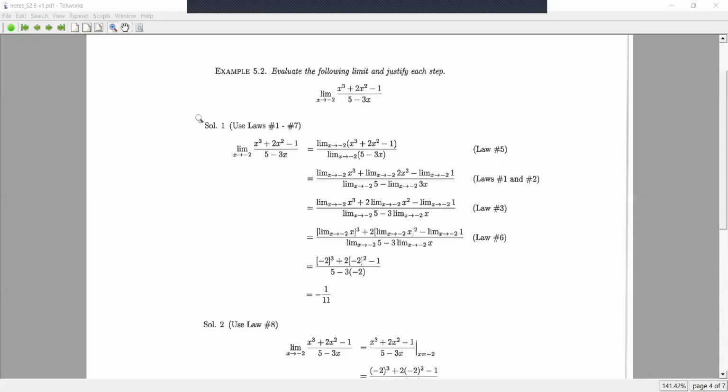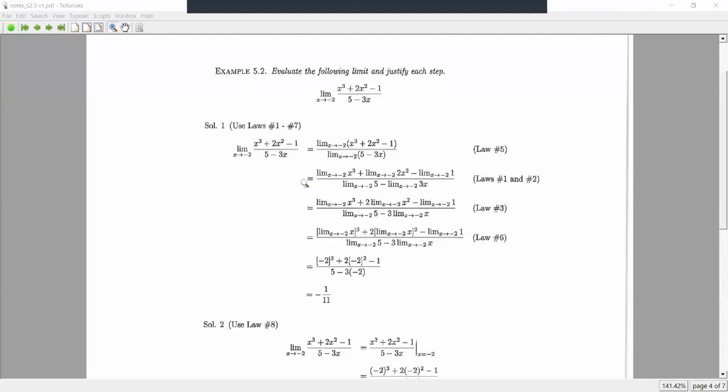Okay, now solution 1. Because the function is a quotient, I can apply the quotient law to compute this limit. By quotient law, limit of a quotient is quotient of the 2 limits. To simplify these 2 limits, we can use summation law, difference law, and difference law here.